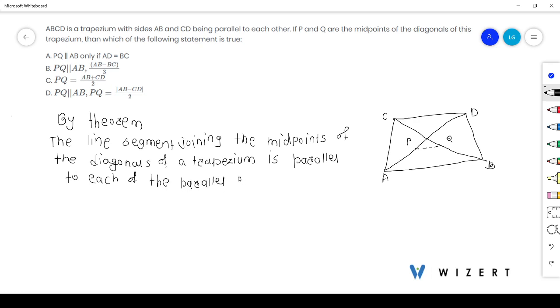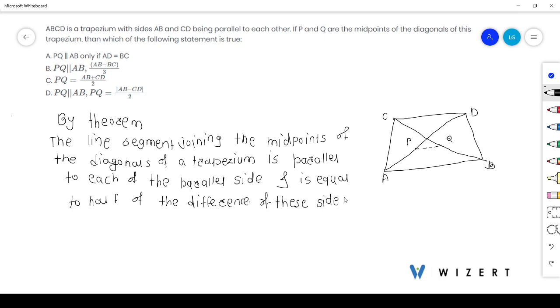Parallel sides, and is equal to half of the difference of these sides.